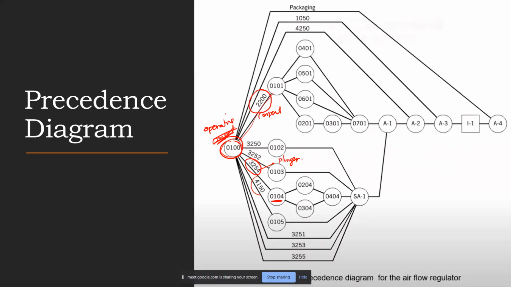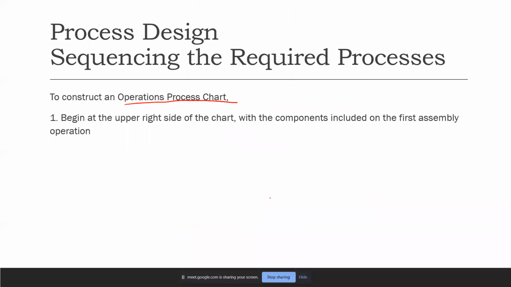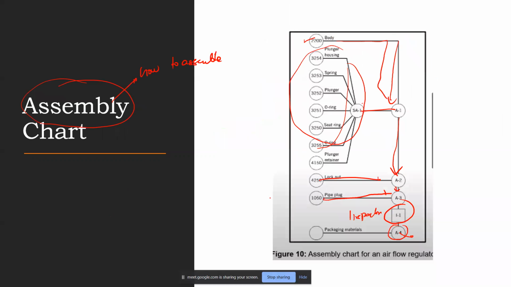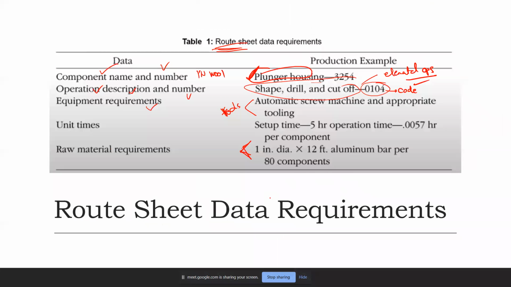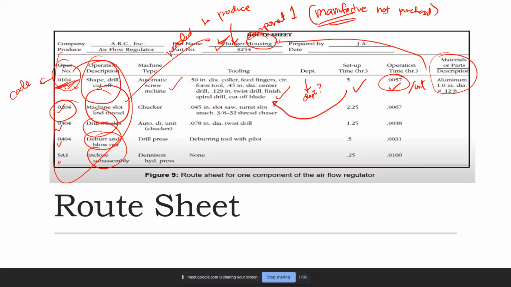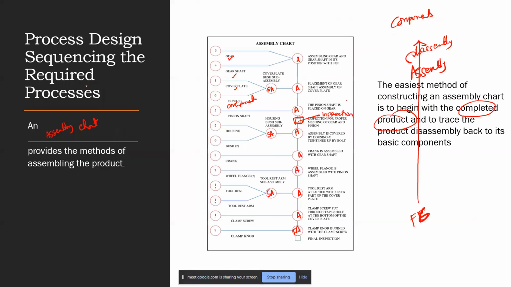Plunger housing. So that plunger housing has to undergo, again, that's your part number, 0104. Anong 0104 natin? Titingnan ko ulit dito sa ating route sheet. Ayan no, 0104 shape drill cut.